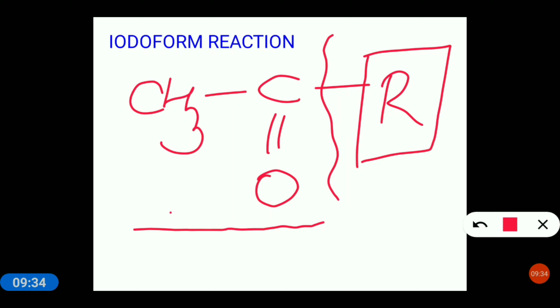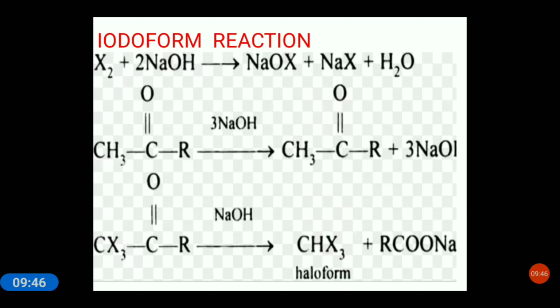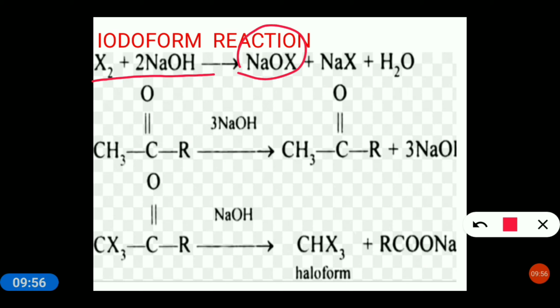In this, all three hydrogen atoms of the methyl group are first replaced by halogen atoms to form trihaloaldehydes or trihaloketones. You can see in the reaction, the halogenating agent for the haloform reaction is halogen plus alkali. It forms NaOX, which is the reagent. So either you can use NaOX directly or the mixture.